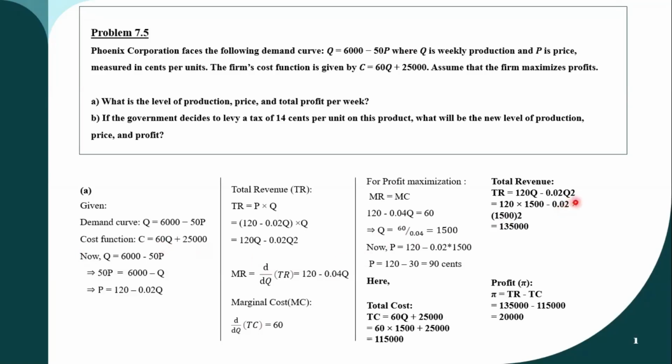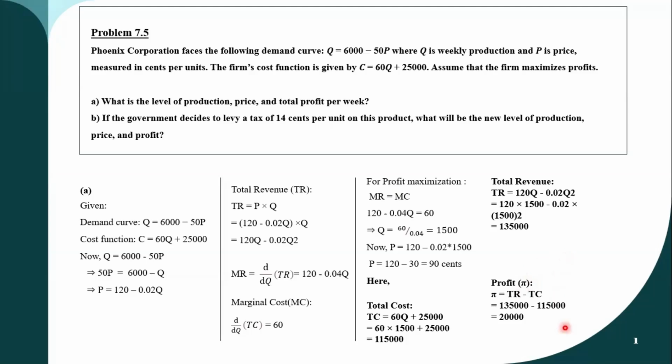After this, for the total revenue, we know that TR equals 120Q minus 0.02Q squared. This is the TR equation which we have already found. If we put the value of Q in this equation, then we find the value of TR, which is 135,000. So this is the total cost TC and total revenue TR.